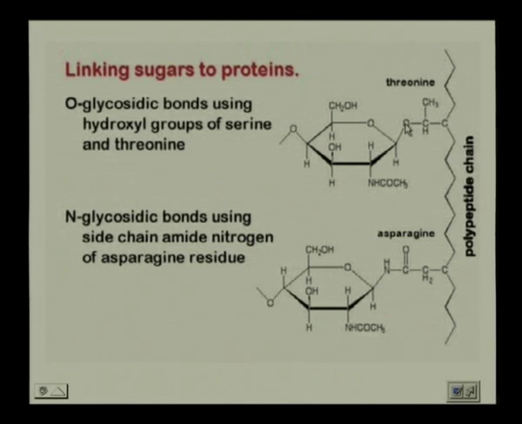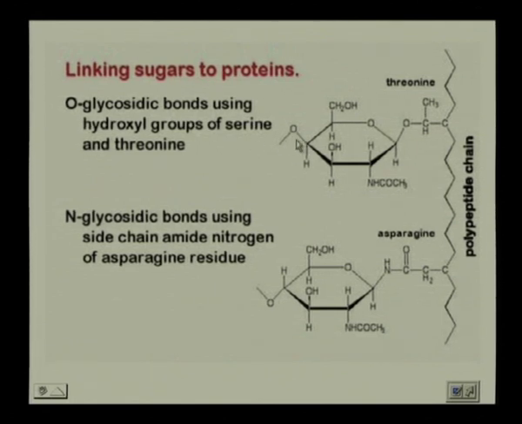This OH has linked with a saccharide unit. This is an N-acetyl glucosamine. And what has it formed? As soon as it links up a monosaccharide unit to the polypeptide chain, it forms a glycoprotein. And you can realize that this can be linked further.